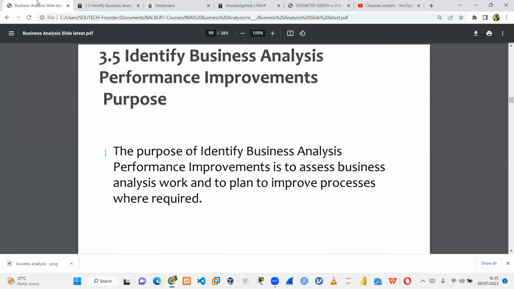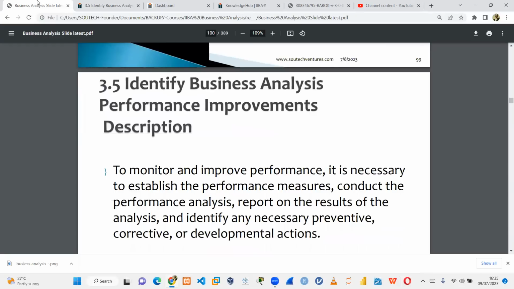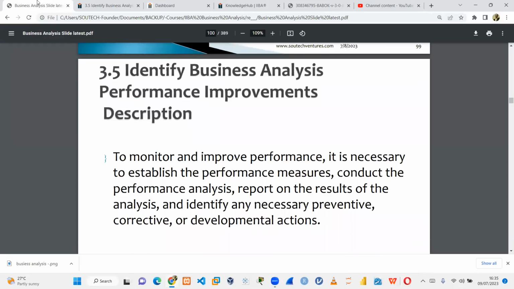So in some cases, you're going to implement some solutions, but it might not really result in some kind of improvement. So that's what we're trying to look at. We're trying to identify them and see how we can improve processes where required. So description: to monitor and improve performance, it is necessary to establish the performance measure.